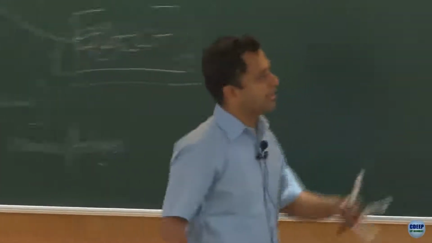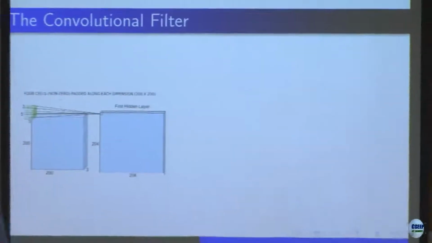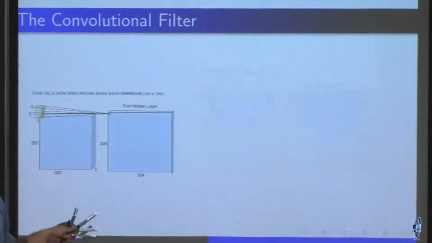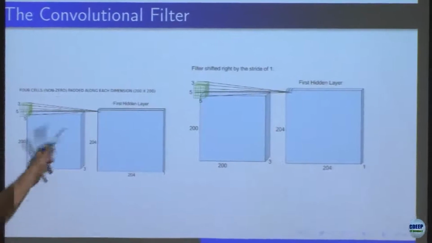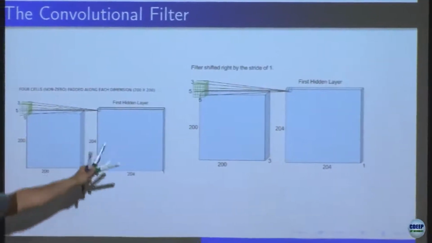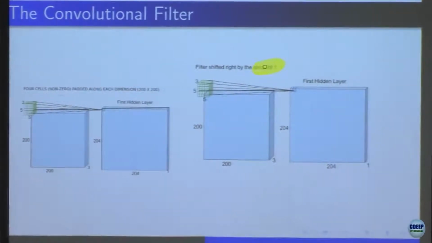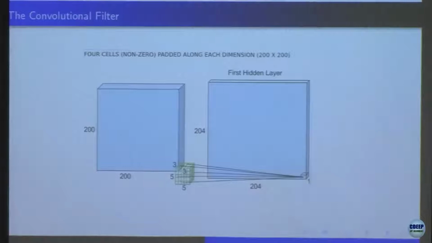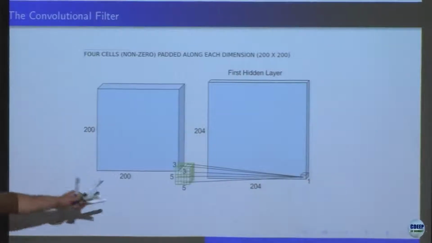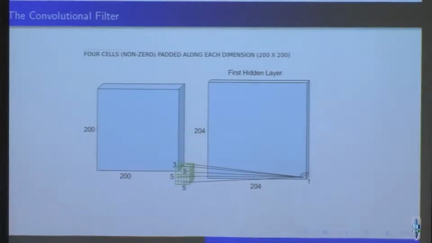So in this case, for example, the patch is moving 1 pixel at a time. The stride size is exactly 1. And you are padded with size d, and you keep doing this till the filter hits the right hand bottom corner.